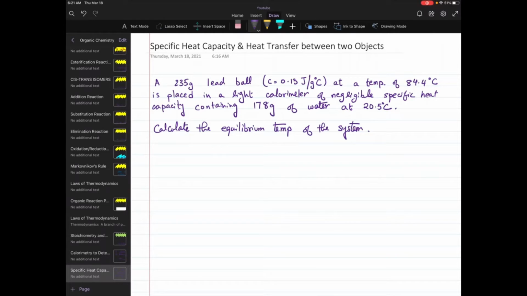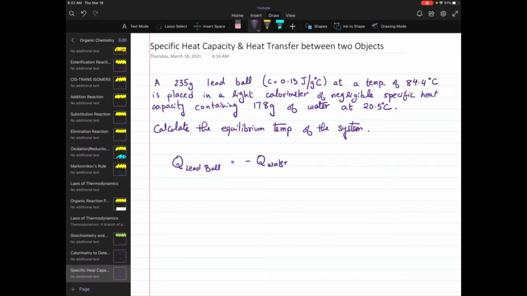Once we have established that, we understand that the lead ball is going to be losing energy. So let's say Q for the lead ball is equal to negative Q for the calorimeter or the water.